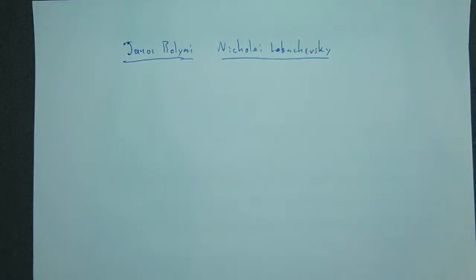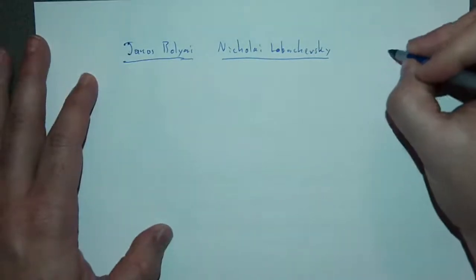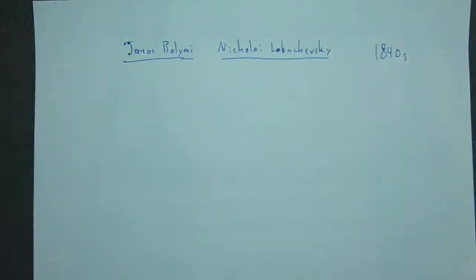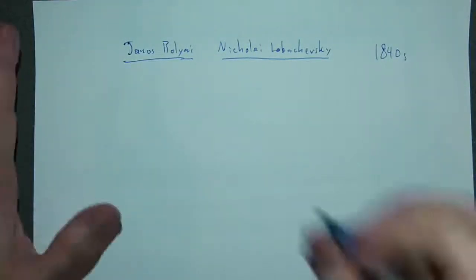I think it was Bolyai, originally, this was published in like an appendix to some math textbook that his father had published. So even though this was done in like the 1840s, there were earlier hints of what was going on.